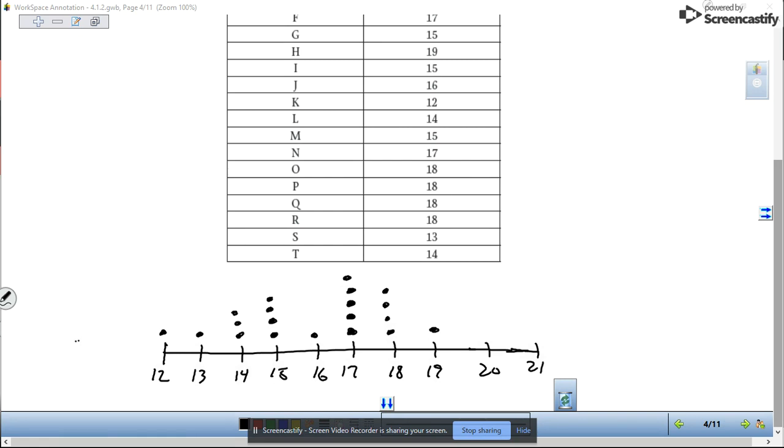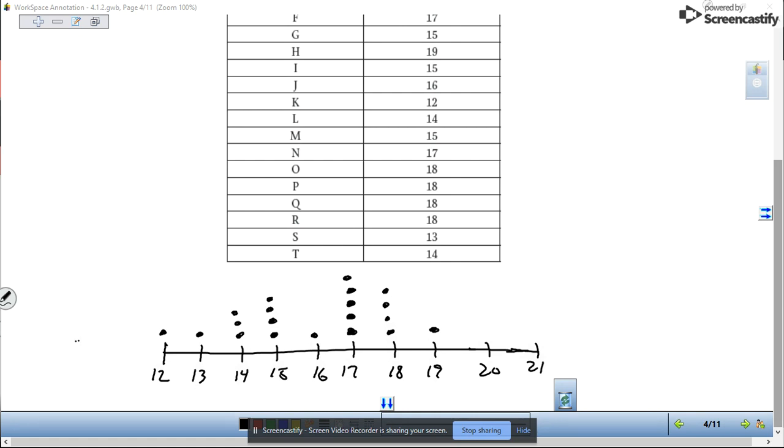Now, what does this help you do from a data set, right? What it allows you to do is say, okay, what is the range of the commercials they can show? Well, the range is 7 because 19 minus 12 is 7. So the gap is from 12 to 19, so anywhere from 12 to 19 commercials per show.